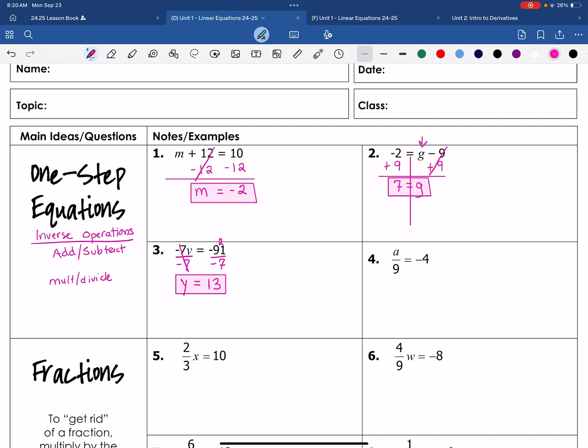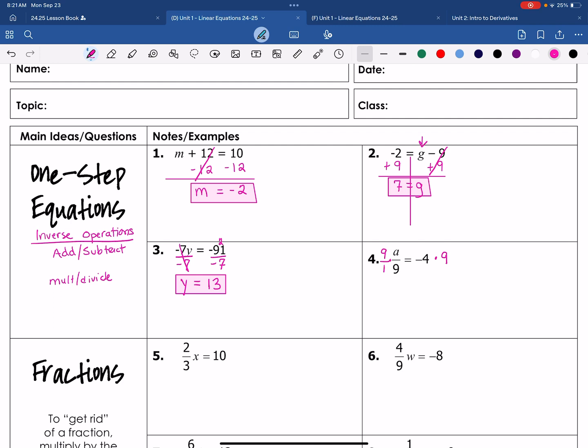All right, this next one, I have a is being divided by 9. To undo that division, I'm going to do multiplication. So I'm going to multiply by 9. I'm going to slide a little 1 underneath there because I'm multiplying a fraction with a fraction. I'm going to multiply this side by 9. So I still multiplied each side by the same number. It's 9.